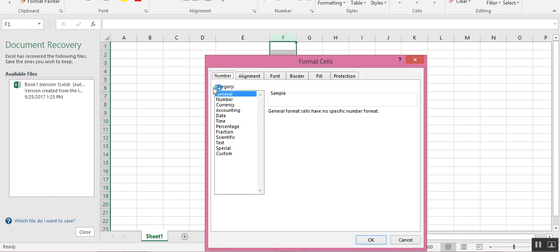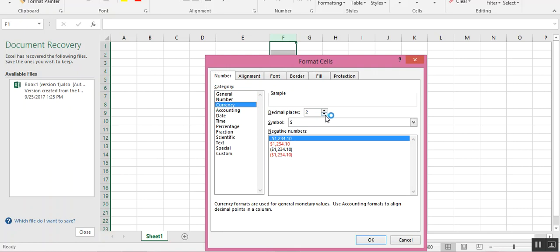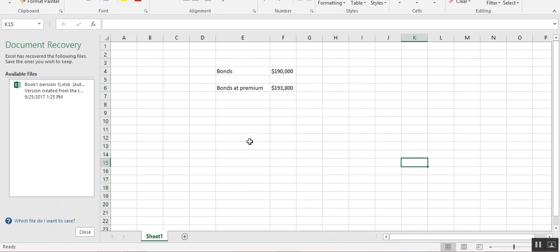Let's make this in a currency so we can see it a little better. All right, so our face value of the bonds and the amount that we actually got, there's a difference. So the premium on the bonds is the difference between the two. So we have $3,800, that's the premium on the bond, and that's the total premium.